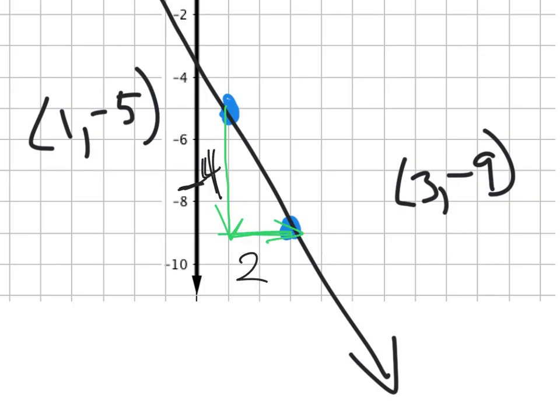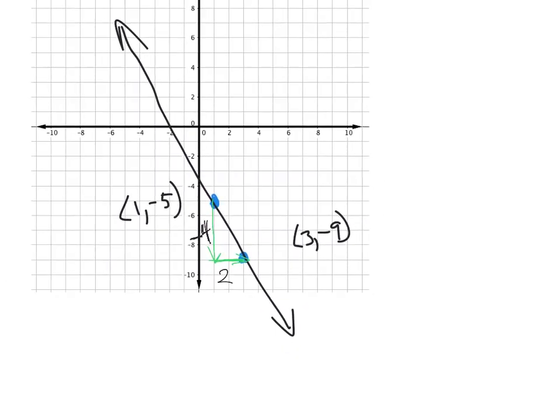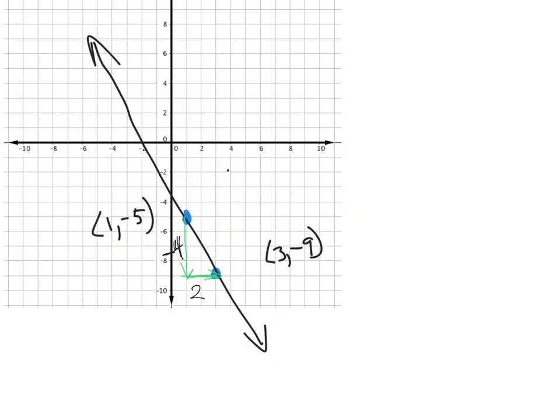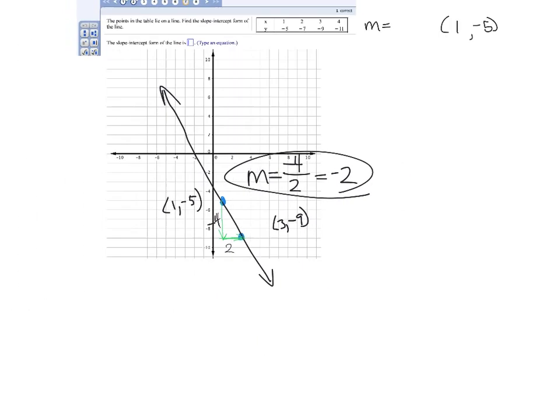So our slope for this line is negative 4 over 2. That's our rise over run. And then negative 4 over 2 reduces to negative 2, because negative 4 divided by 2 is negative 2. So we now have our slope that we need.